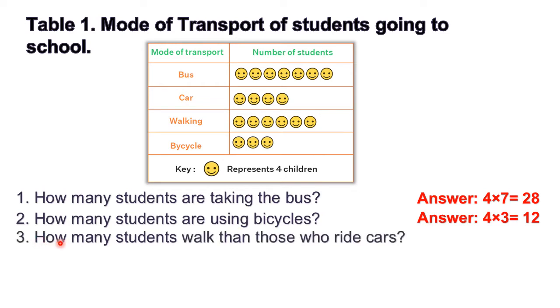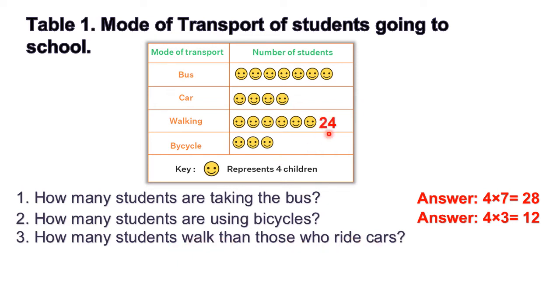Number 3. How many more students walk than those who ride cars? Now, in order for us to remember well when it comes to comparison, it is recommended that we put some numbers around these as part of your solution. But in this case, I would just like to focus on walking and cars.